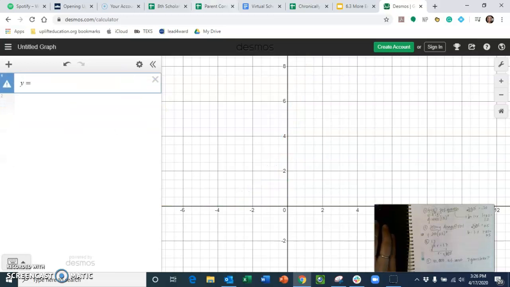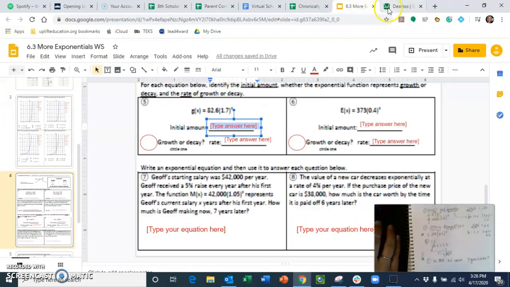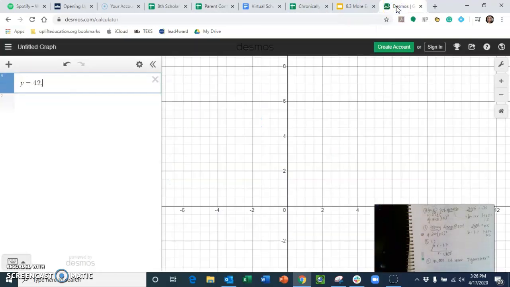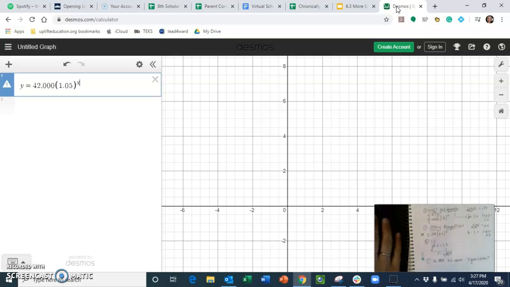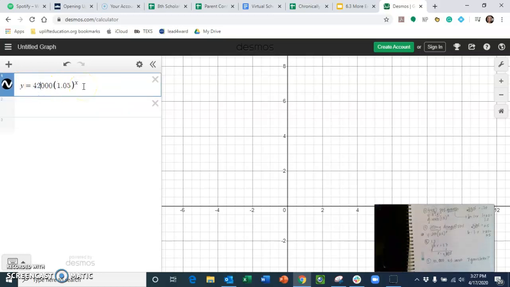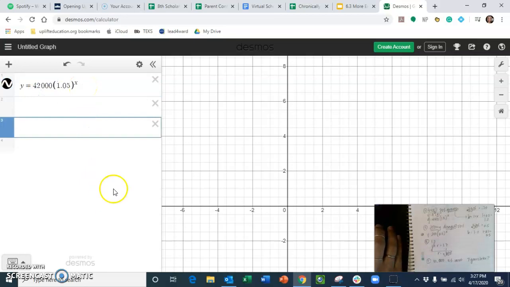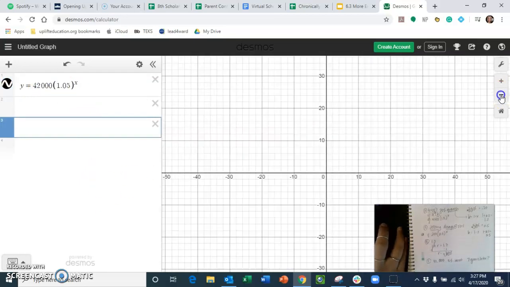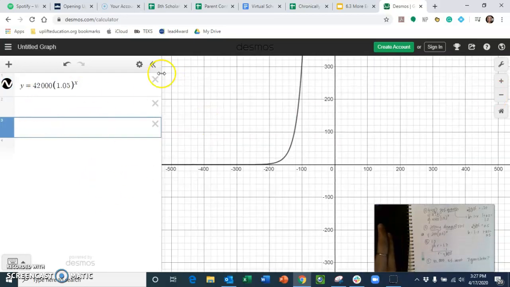So I'm going to go ahead and go back. Y equals 42,000 times 1.05 to the x. And I want to find the value when x is 7.